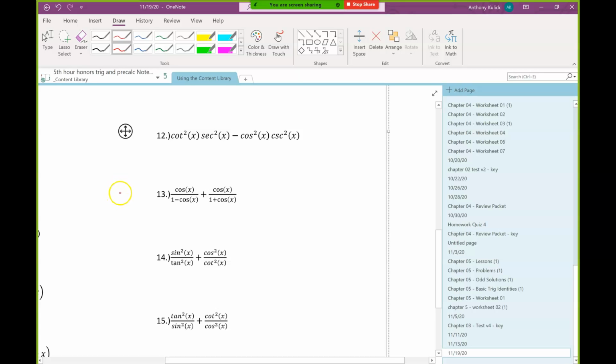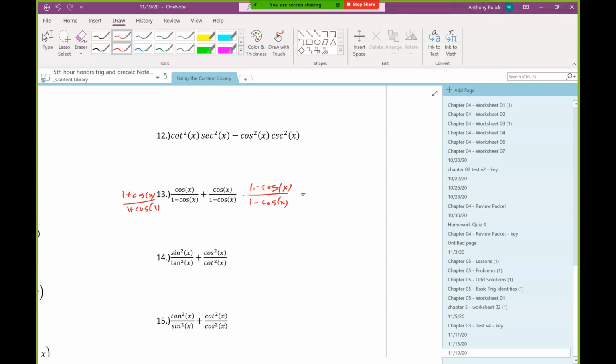So to make a common denominator, I'm just going to multiply the top and bottom of one by the other. Just like in your Algebra 3-4 class, if you had a rational expression with a 1 minus x as the denominator and a 1 plus x as the denominator, the least common denominator would be 1 minus x times 1 plus x. Same idea here.